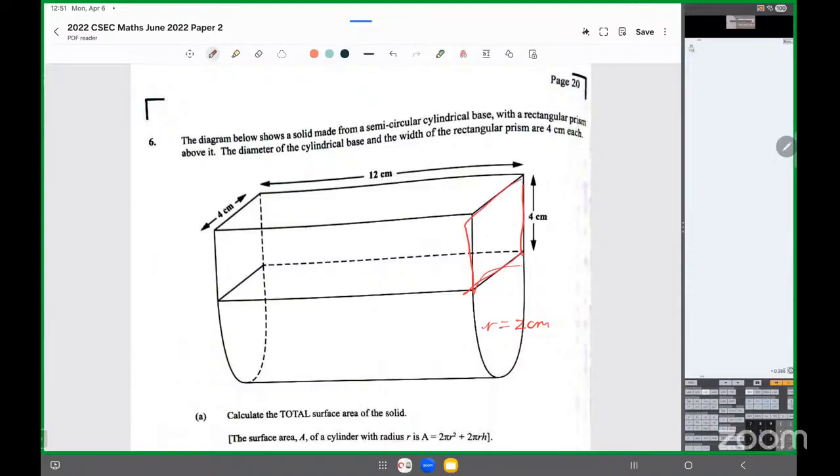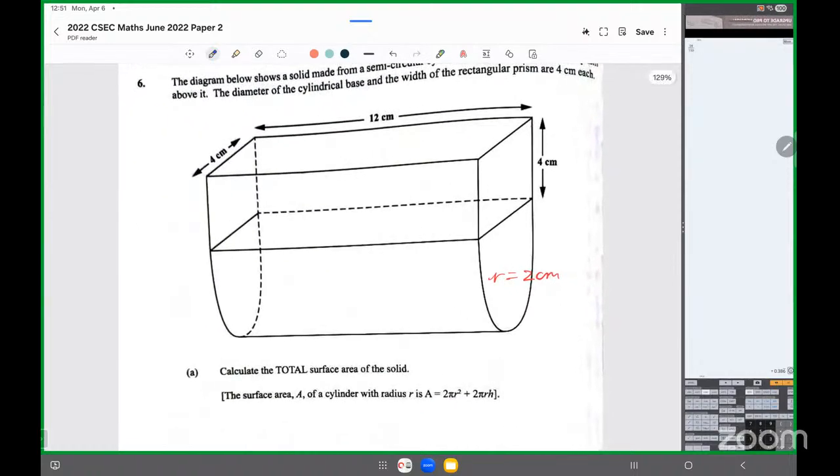So it's a square on top here, everything is 4, and the diameter of the semicircle is also 4. But it's rectangular because that is long. Let's make sure we understand the dimensions they give us in the question before we start.